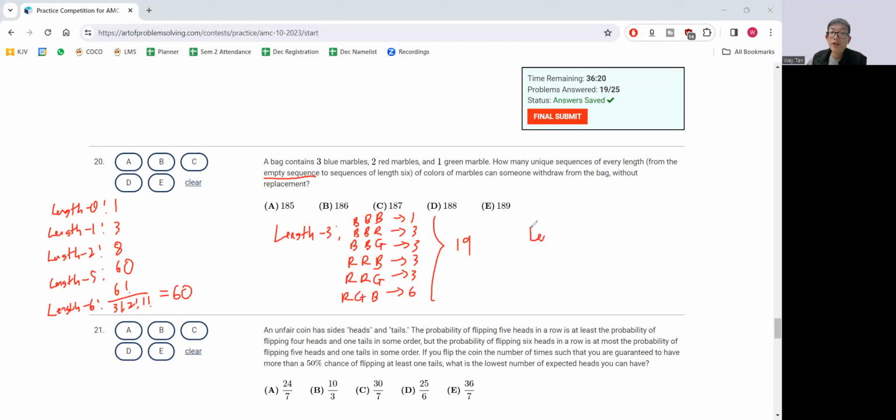And then with length 4, which is also fairly annoying, but I can just take note of the distributions. If they have 2 different colors, you can have blue, blue, blue, red, or blue, blue, blue, green. Or if I use 3 blue, I can do this. If I use 2 blue, I can have blue, blue, red, red, or blue, blue, red, green.